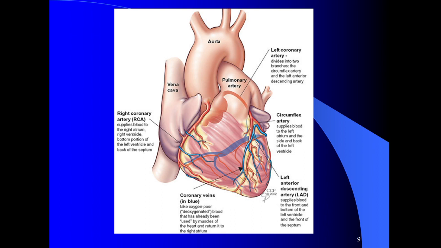The left anterior descending artery supplies blood to the front and bottom of the left ventricle and the front of the septum. Coronary veins take oxygen-poor, deoxygenated blood that has already been used by the muscle of the heart and return it into the right atrium.